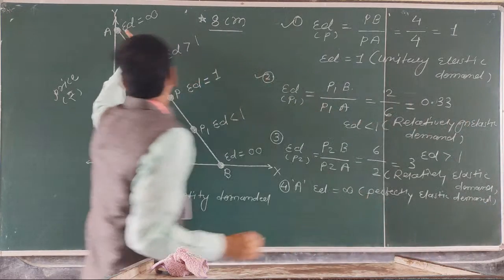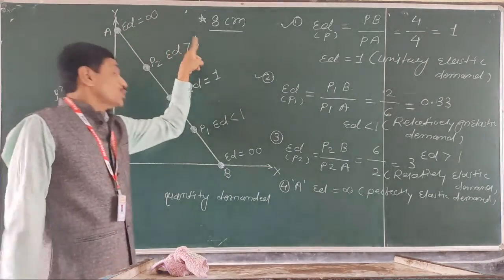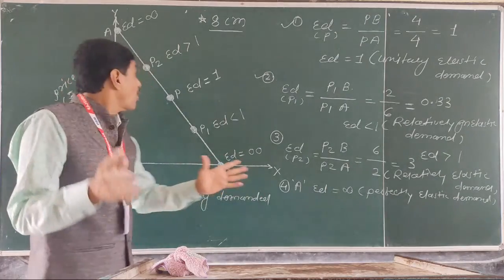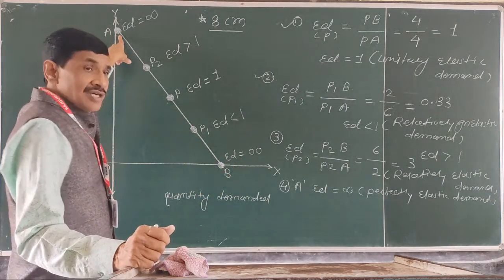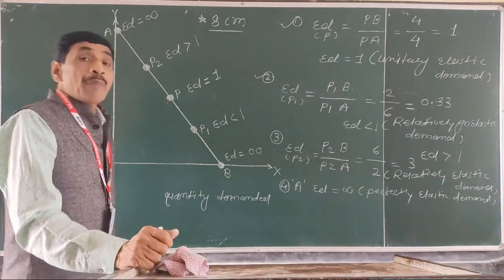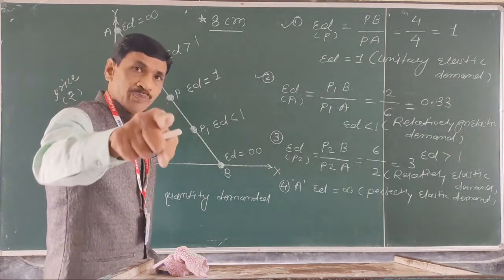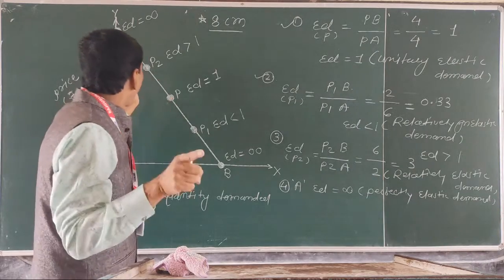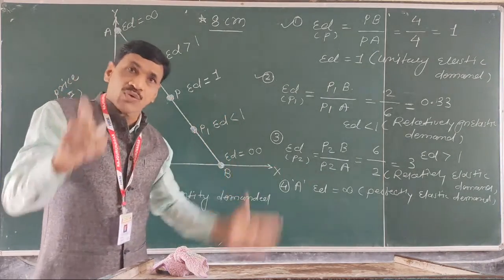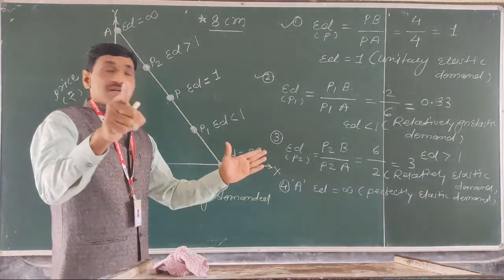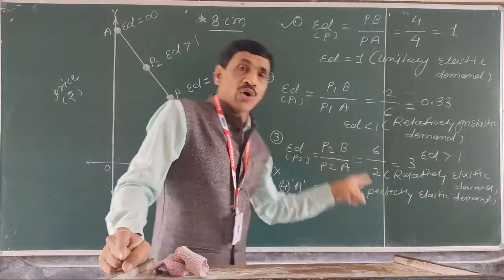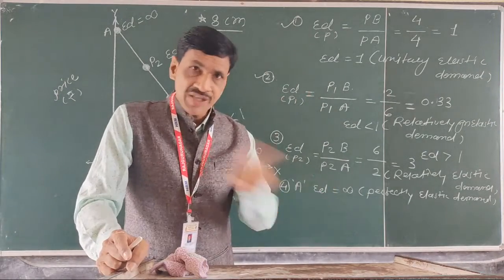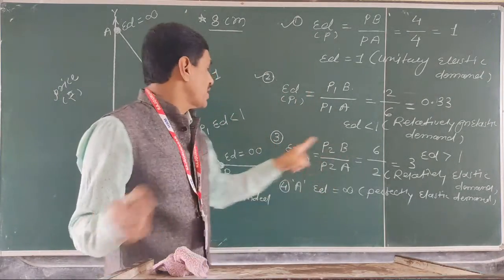So at point A, ED is equal to infinite. That's why it is called perfectly elastic demand. Why? Because at that point the upper segment is zero. That's why ED is infinite, and in standard language it is known as perfectly elastic demand.